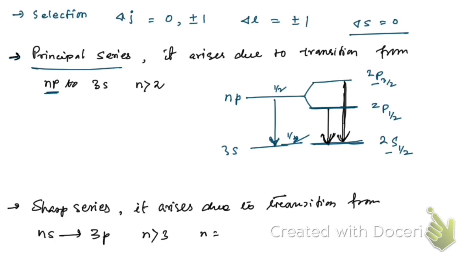That means n should be equal to 4, 5, 6 and so on, right? And here in this case n should be equal to 3, 4, 5 and so on, right? So let me take a new slide. So now let's discuss the sharp series.